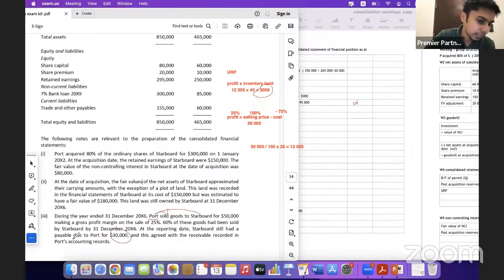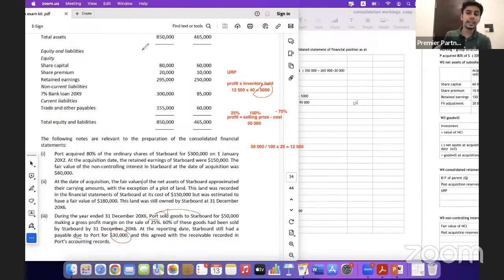It's due. This adjustment is what we call a current account adjustment or a current account transaction. What does that mean, guys? A current account transaction is where one party owes another party some money because of trading between the subsidiary and parent.